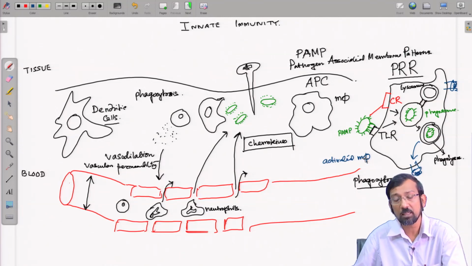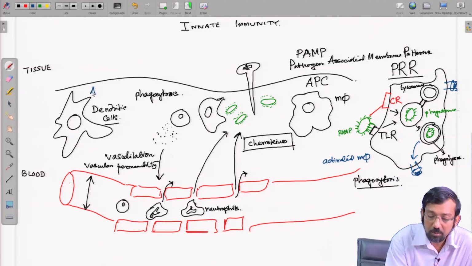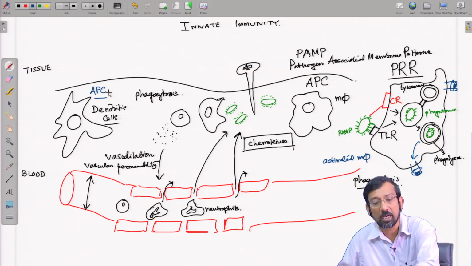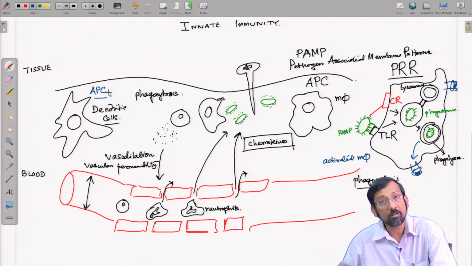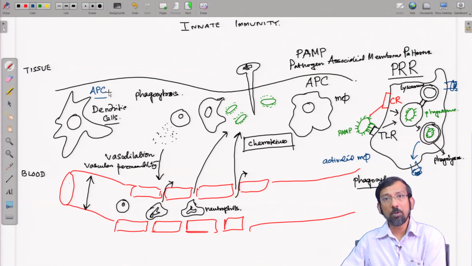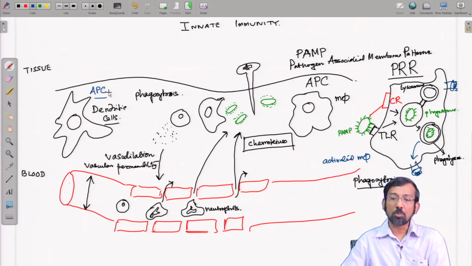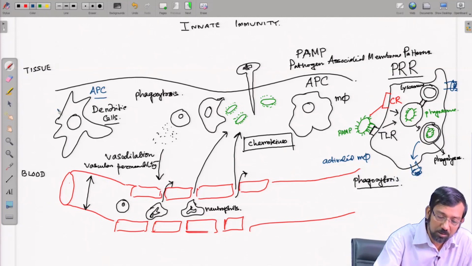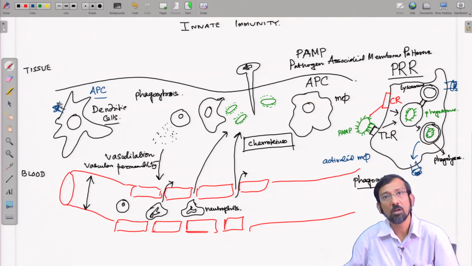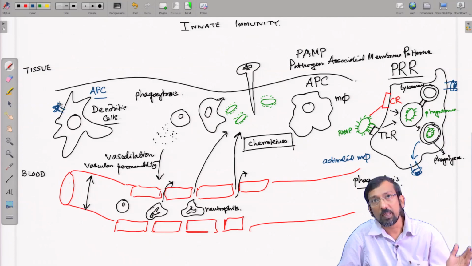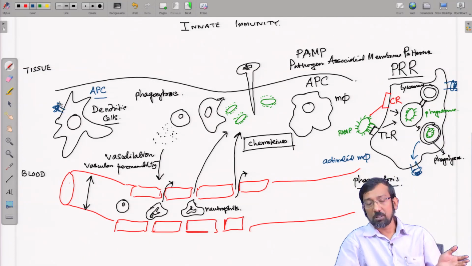The dendritic cell is also an antigen presenting cell, and whenever there is this kind of response, the dendritic cell is also able to internalize or phagocytose bacteria and pathogens, and present on its surface the processed peptides from those bacteria or pathogens to the cells of the adaptive system.